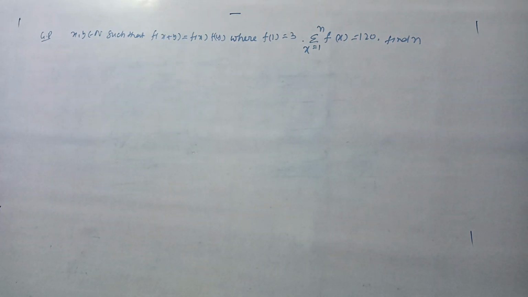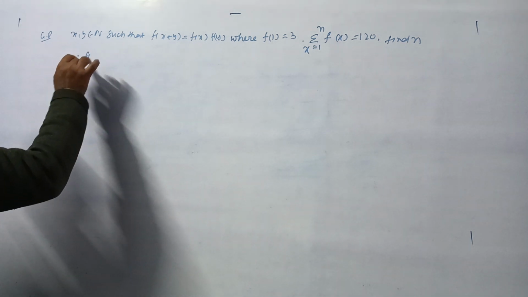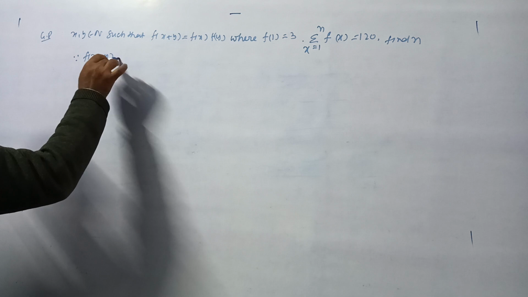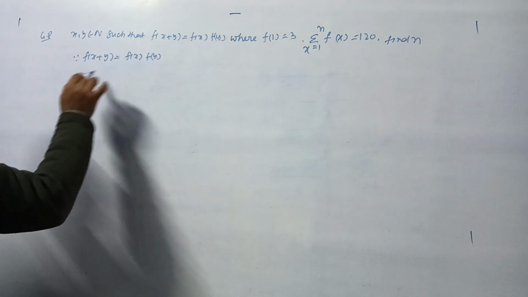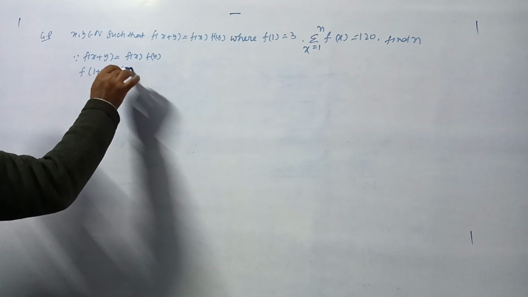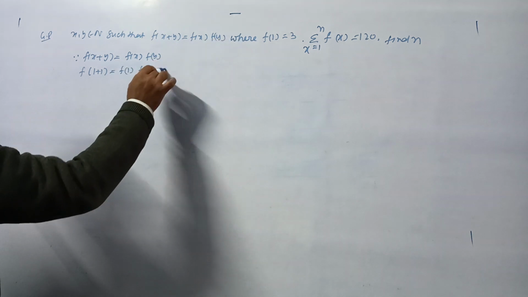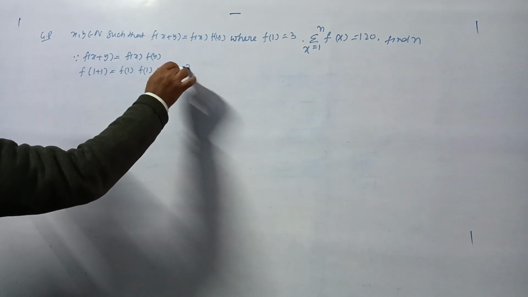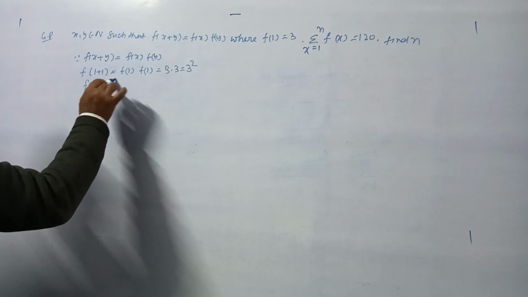Now since f(x plus y) equals f(x) f(y), take 1 plus 1, that is f2. f1 is 3, so f2 equals 3 into 3, 3 square.